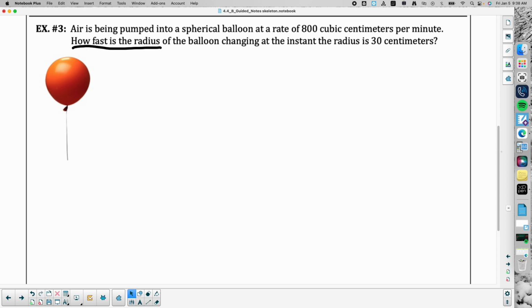Well, in calc notation, what is that? Because the word how fast means a rate, or even the word changing over there at the right. That should trigger you that that's a derivative. So it is telling us to find the derivative of what? Radius. Okay, so how do we write that?